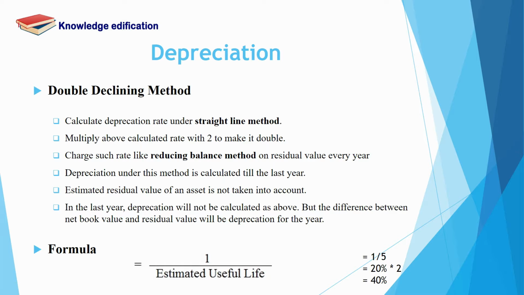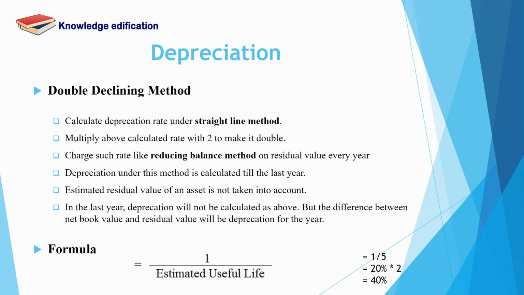Okay, next is double declining method. This method is a modification of reducing balance method. While calculating the depreciation rate for double declining method, the following points should be carefully followed. Calculate depreciation rate under straight line method. Second, multiply the calculated rate by 2 to make it double.